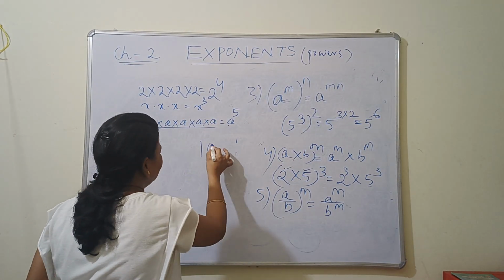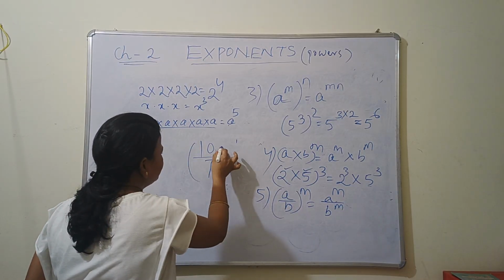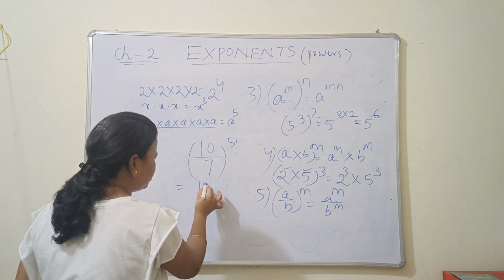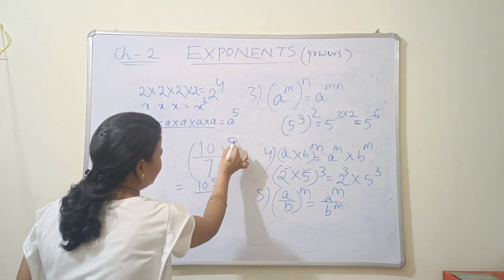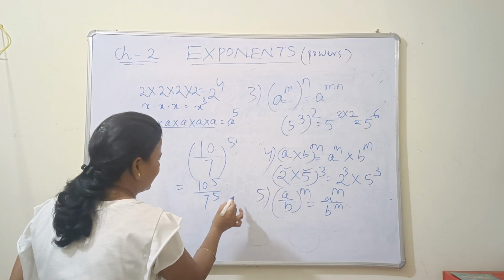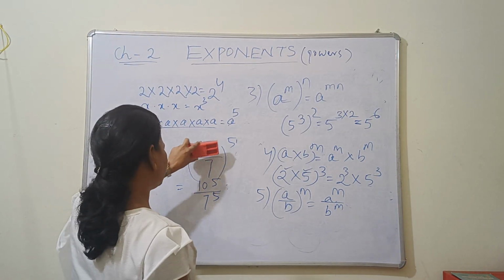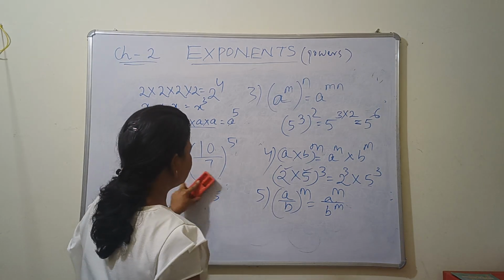Suppose 10 by 7 whole to the power 5. You can write it as 10 to the power 5 divided by 7 to the power 5. This way the quotient can be obtained. So this is another law.